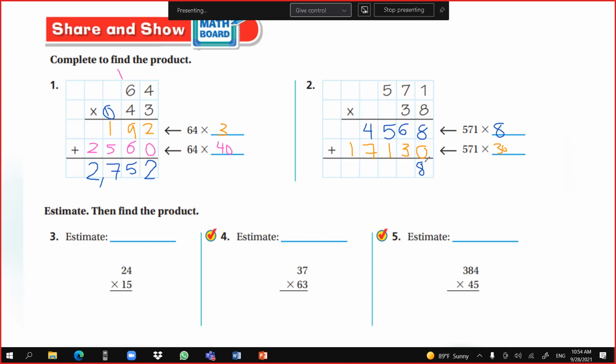Then 6 plus 3. 6 plus 3, 9. 5 plus 1. 5 plus 1, 6. 4 plus 7, 11.